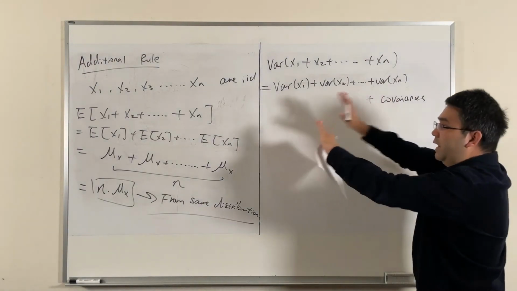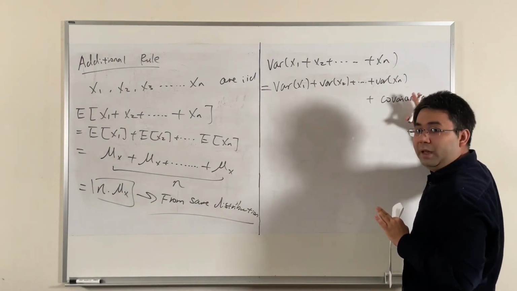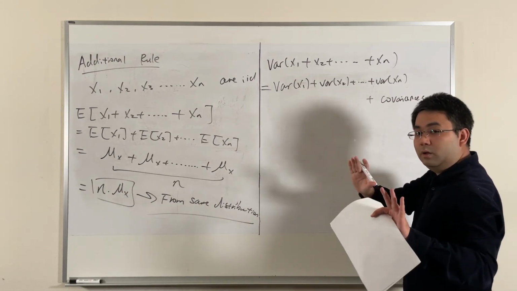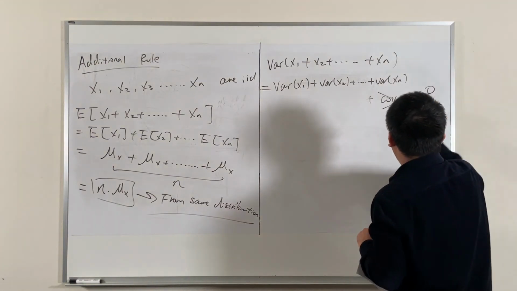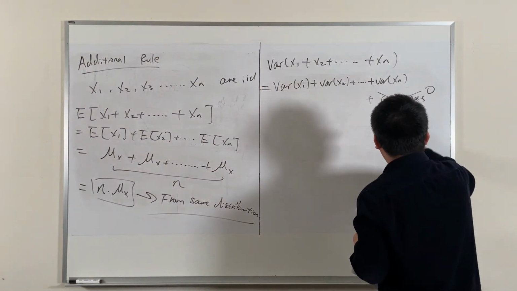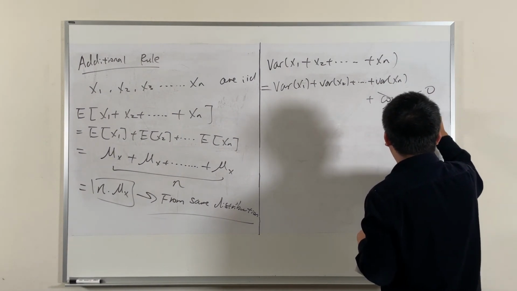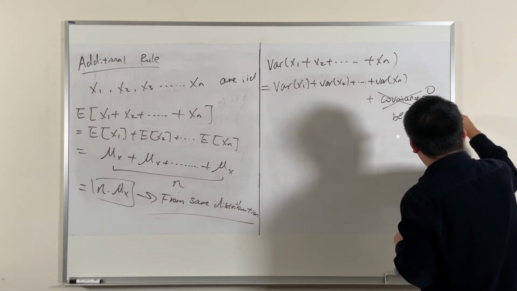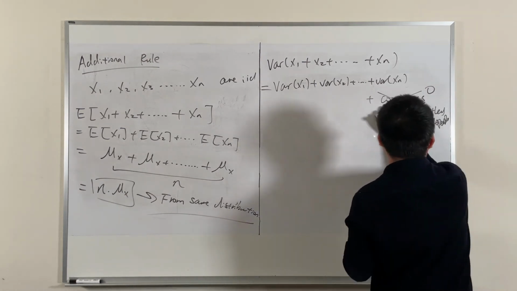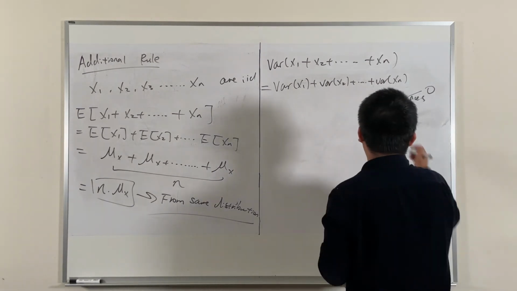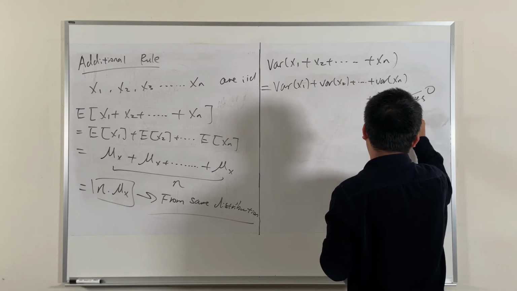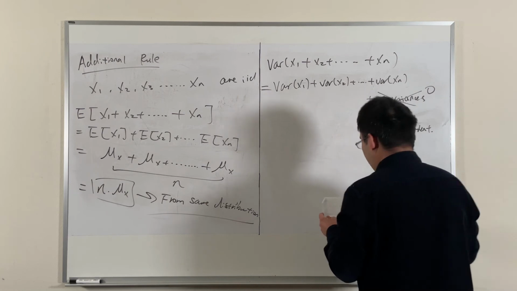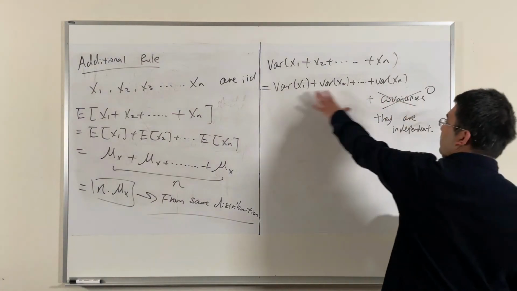But because they're IID, each single one is independent of each other. Remember, if they're independent, then their covariances are going to be 0. So those go away because they are independent.